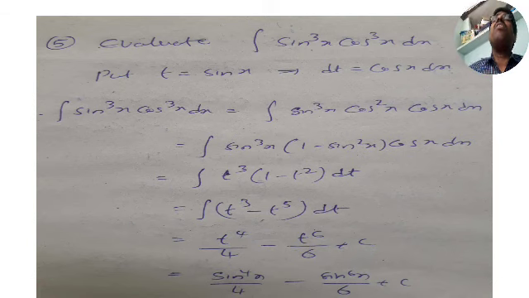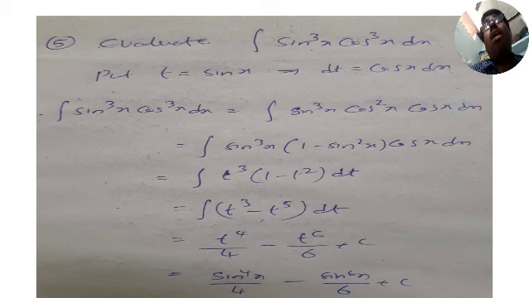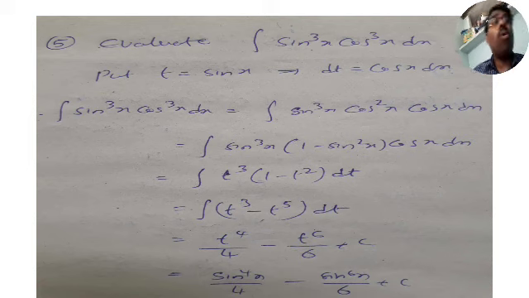If sine power is the greater odd number, then put t is equal to sin x, and if cos power is greater, then put t is equal to cos x. But here both the numbers are odd and they are equal numbers. In this case, you can take t is equal to sin x, or you can take t is equal to cos x.